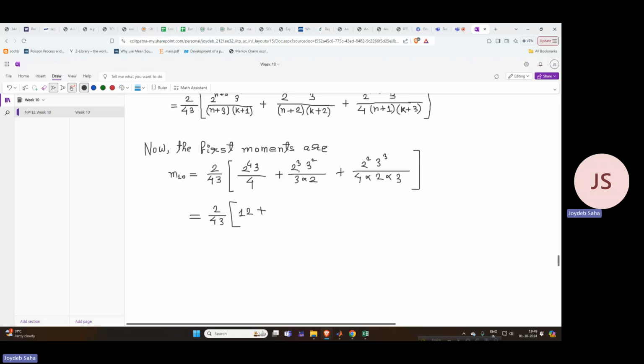From here we will get 4 plus 3 12. From here we will get 3 square, 9 upon 2.